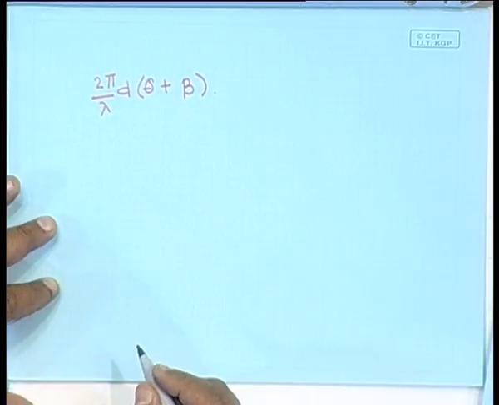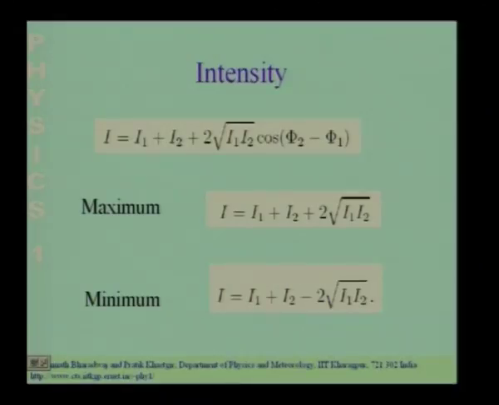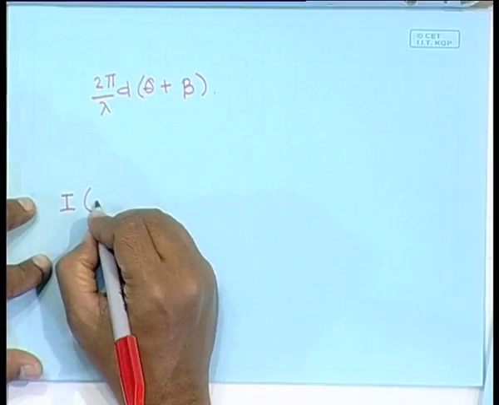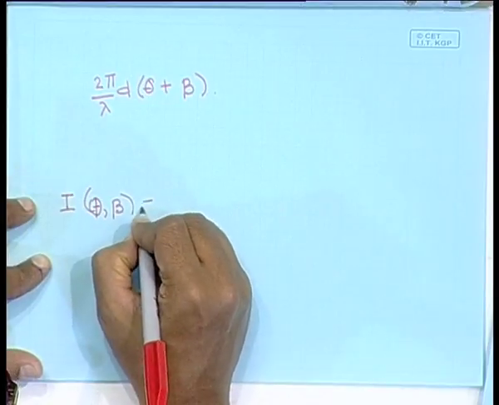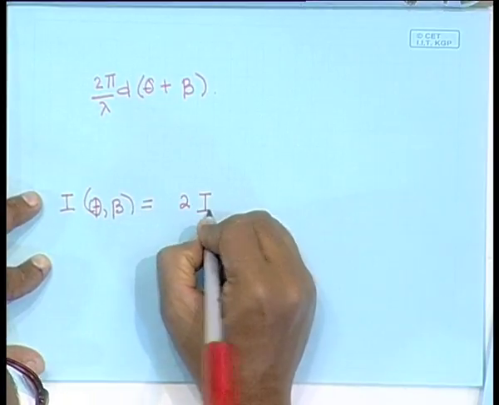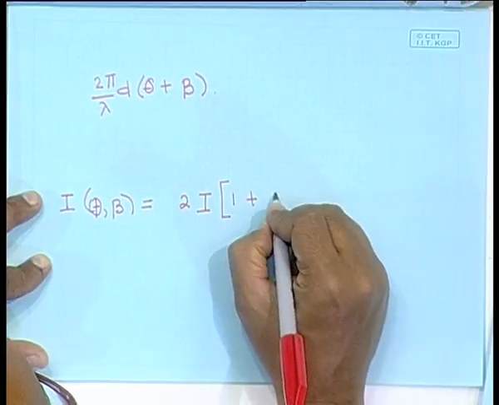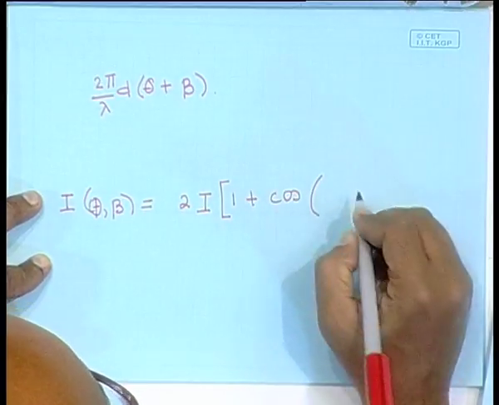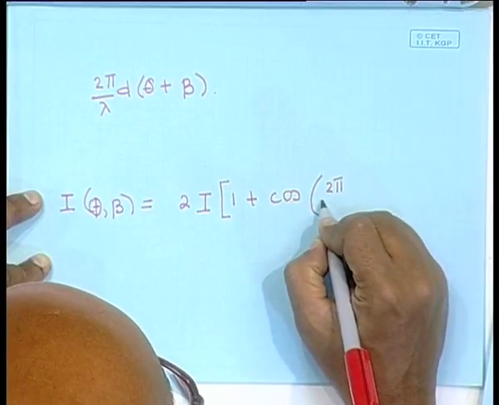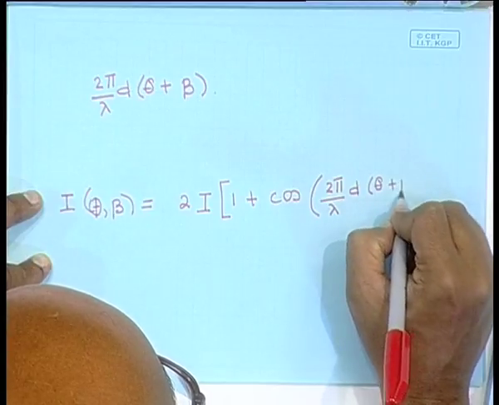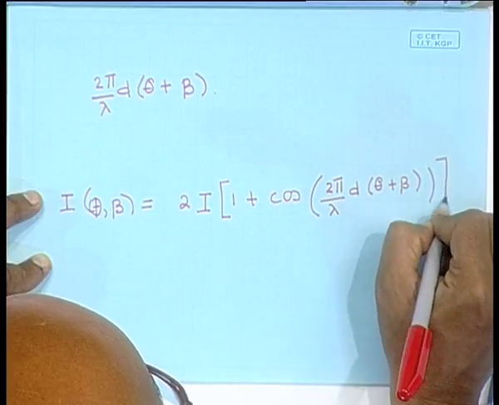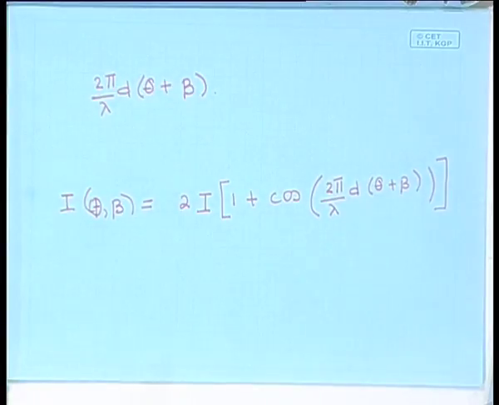If you use this in the expression for intensity and put in the fact that I1 and I2 are the same, then you will get I theta beta is equal to 2I 1 plus cos 2 pi by lambda d theta plus beta. So, this is the expression that we want.